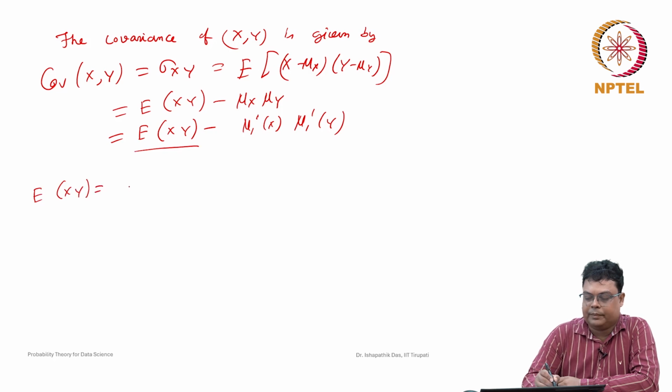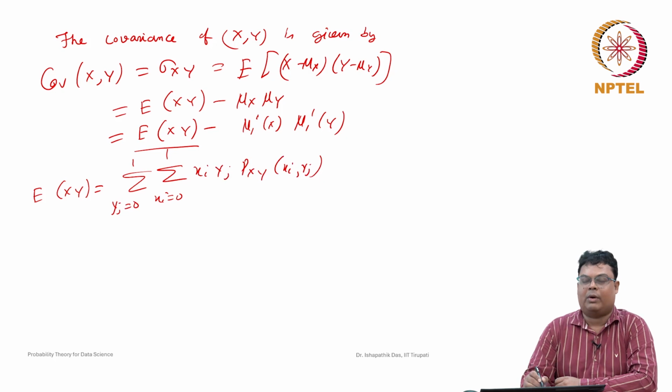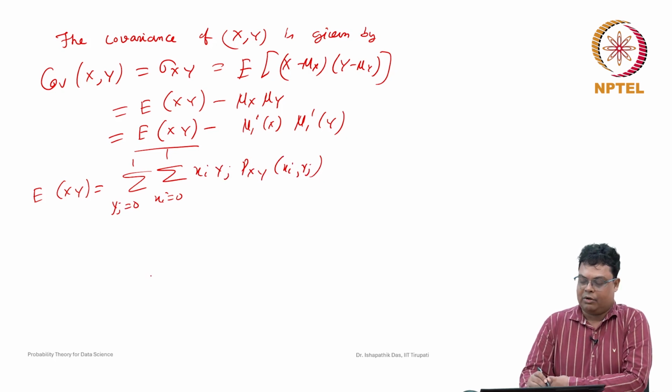So the expected value of xy, by definition, is the summation where xi can take 0 and 1 and yj can take 0 and 1, of xi yj pxy of xi comma yj.